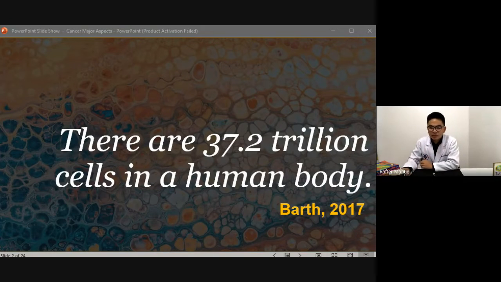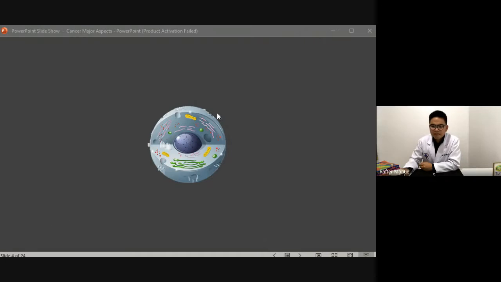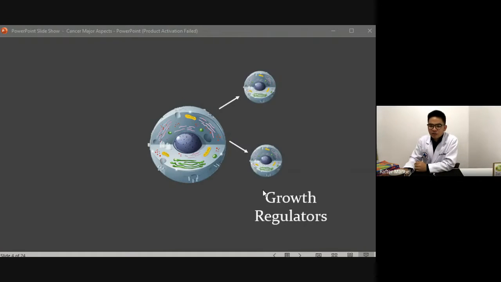Now, if you look at your screen, this is the normal mechanism of our cell. Say for example, this is the cell. Okay? Inside the cell is the nucleus. Now, because of the growth regulators produced by the hormones in your body, they divide themselves.